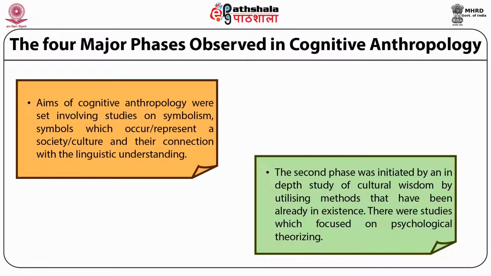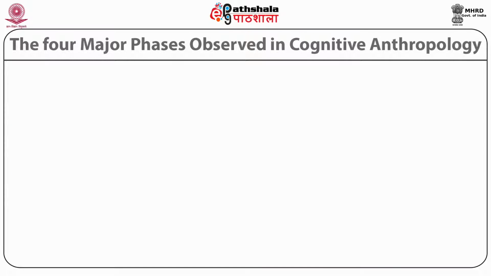So this native intelligence, which is manifested in cultural wisdom, and how it can be used, is by utilizing methods that have already been in existence. These studies focused on the psychological theorizing of how natives or cultures produce this wisdom. And this whole period was between the 1950s and 70s.